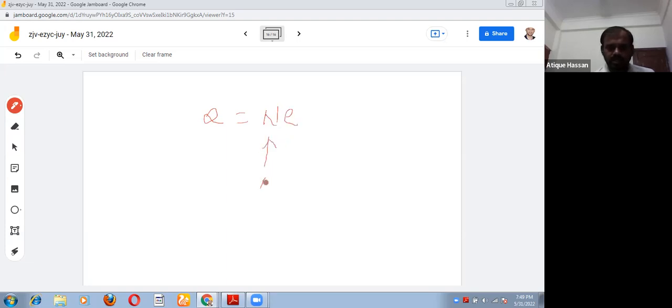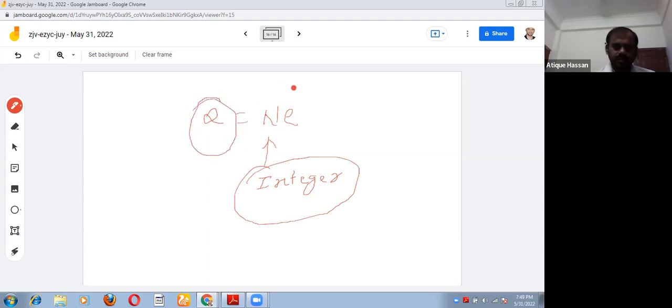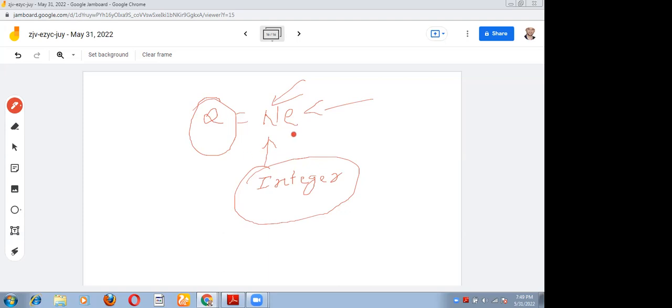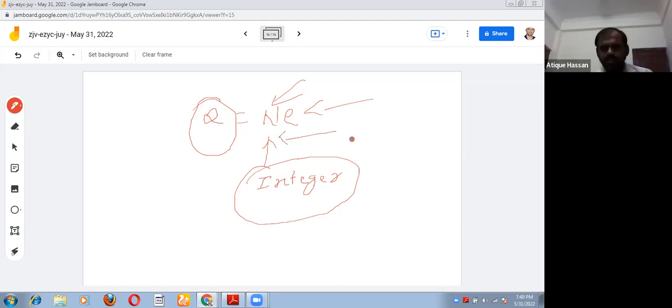It is an integer. Right or wrong? So charge on any object is an integral multiple of E. Right or wrong? So the value of N should be an integer.